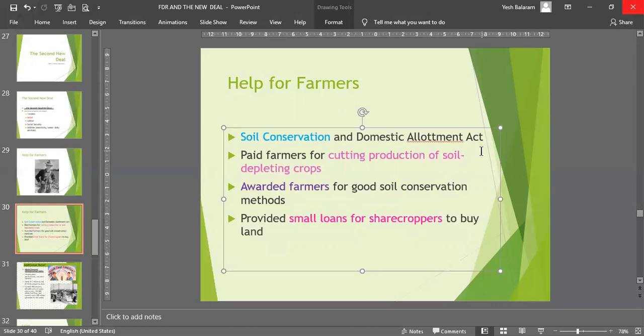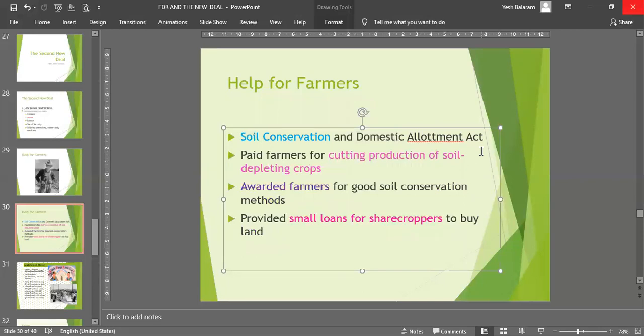What about soil conservation? Around the world, there is a necessity for us to conserve soil, to save the soil because of wind erosion, because of human abuse of the soil, and various other natural factors.